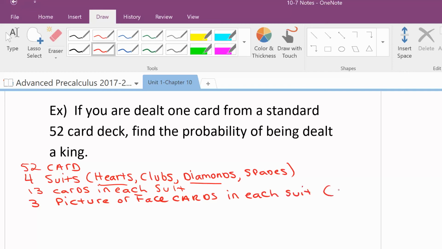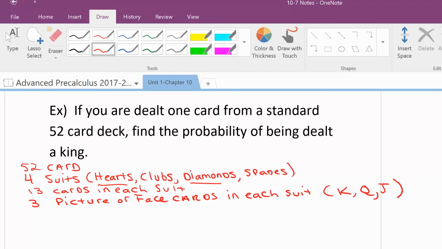That would be considered a king, a queen, or a jack. And that's, I think, about it for now as far as the things you'll know. Maybe we'll come up with some other things in a little bit.